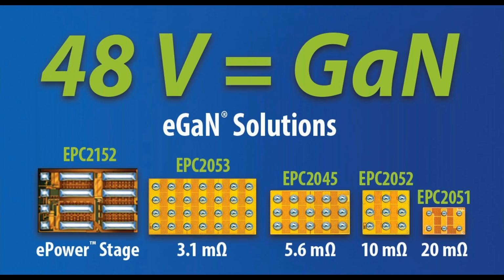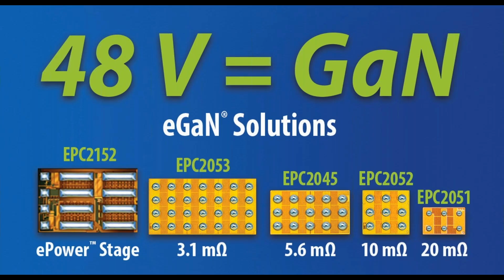Now, why GaN for 48 volts? The 48 volt input stage, regardless of topology, requires 80 to 100 volt rated devices. In comparison to silicon MOSFETs, eGaN transistors improve the key figure of merit, area times RDS(on), by 5x at 100 volts.